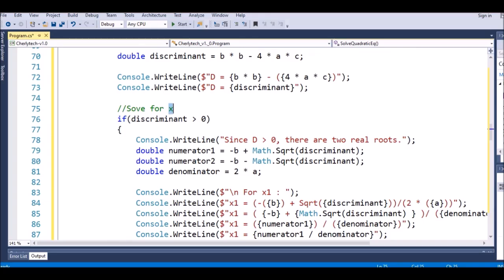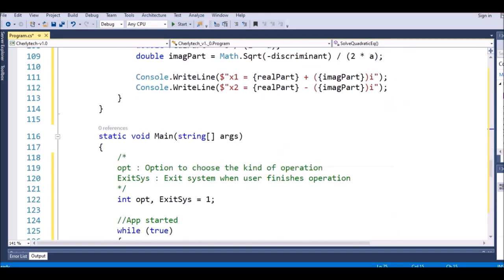So now we just copy this one and we say in here for x.